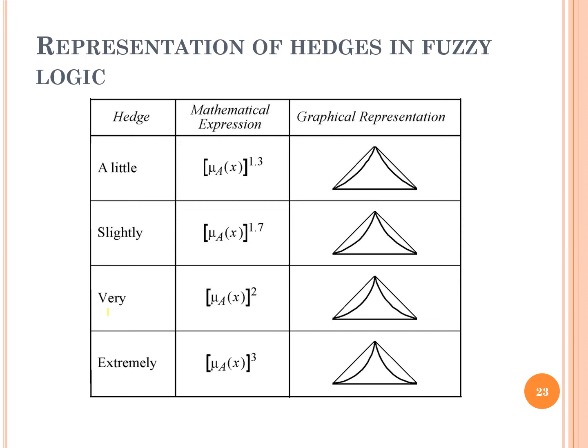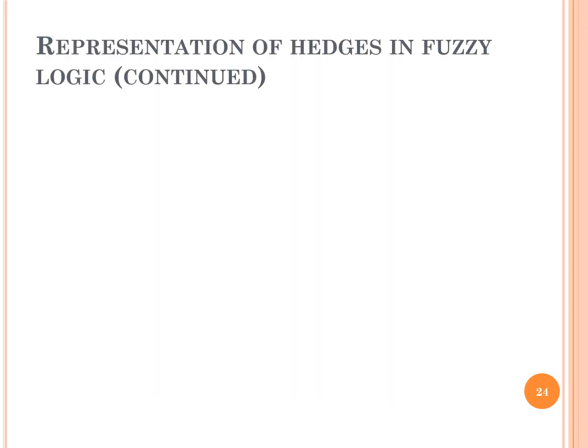You can have this linguistic variable, and this is the mathematical expression, and these are the graphical representation. Okay, you have a little, slightly, very, and extremely.